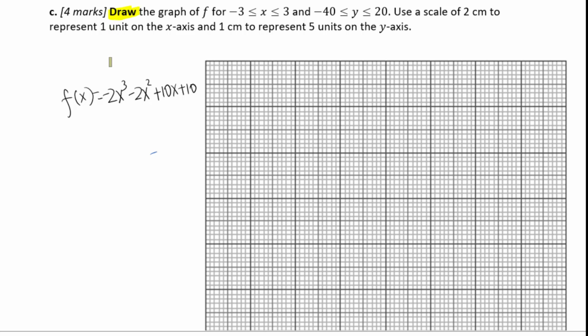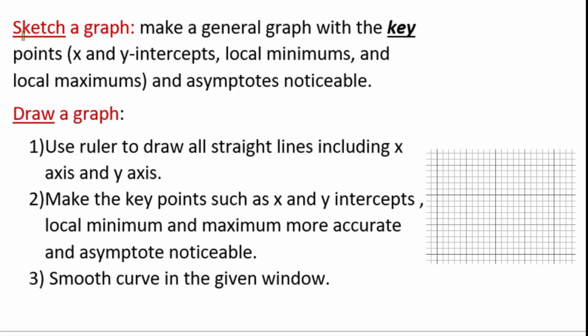Let's check the difference between drawing a graph and sketching a graph. Sketching a graph means making a general graph with the key points, x and y intercepts, local minimums and local maximums, and asymptotes noticeable.